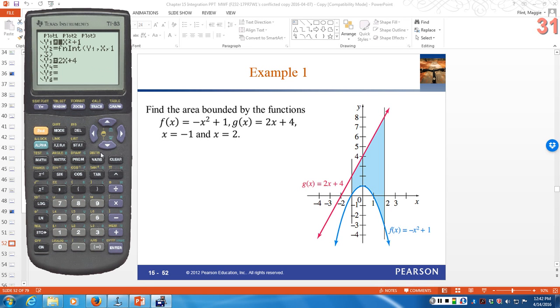So if I go back here and I tell it I want to find the integral of not just y1, I want it to be y3 minus y1.